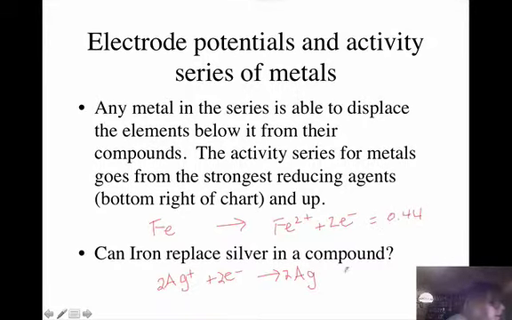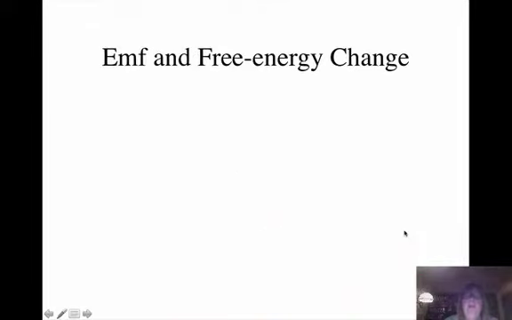And the silver here is being reduced, and it is a positive 0.80. So this reaction would happen spontaneously because we're getting a positive potential. So again, this is where the activity series for metals comes from. And so for something to be spontaneous, you need to have a positive value for your cell potential.